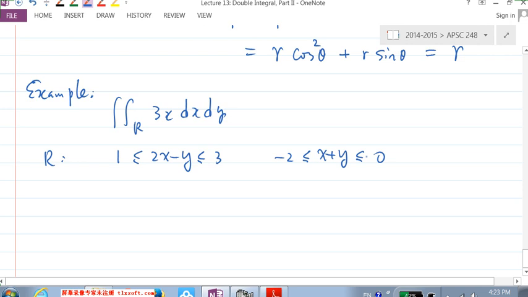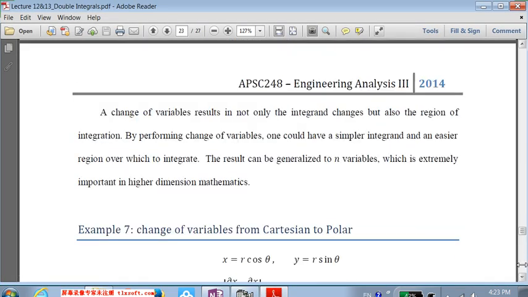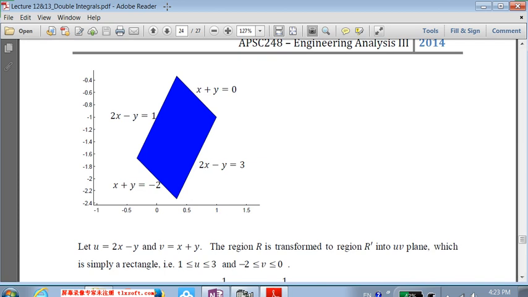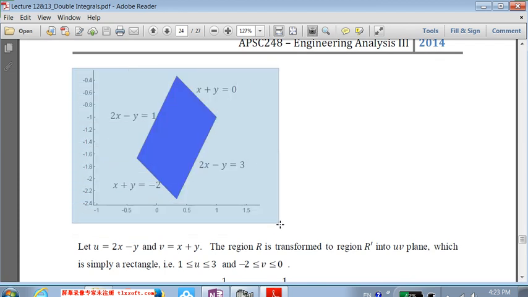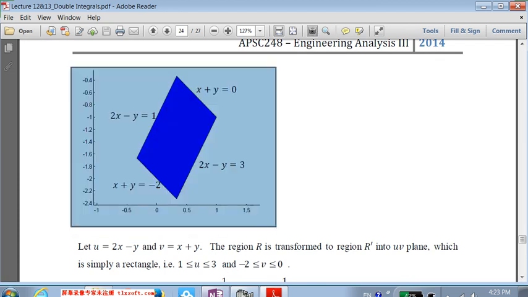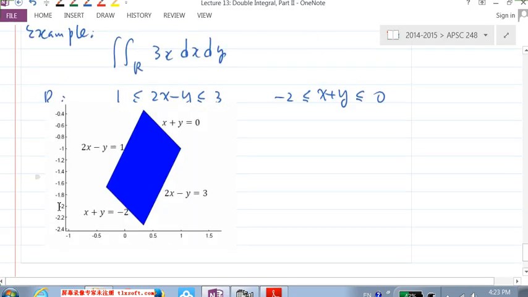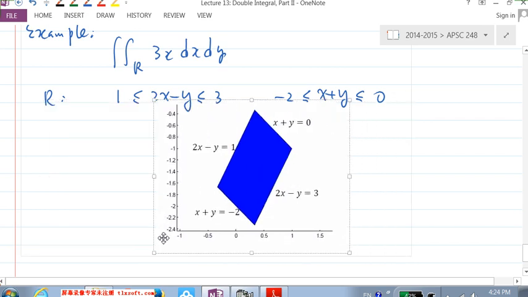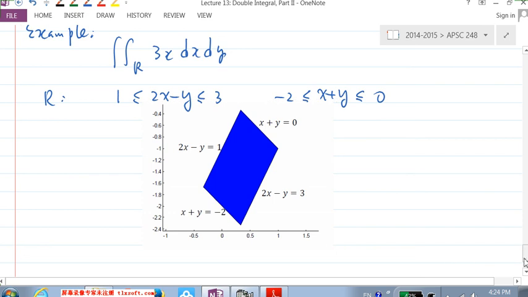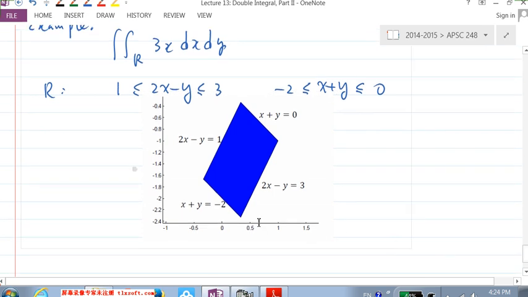Okay, so I draw it out, and that's what this looks like. This is basically a parallelogram. Now, if you insist on integrating over this region R using xy coordinates, what shall we do?